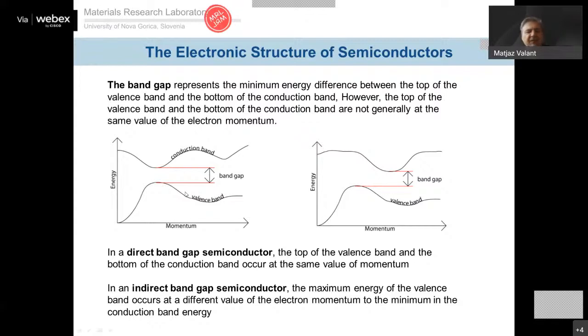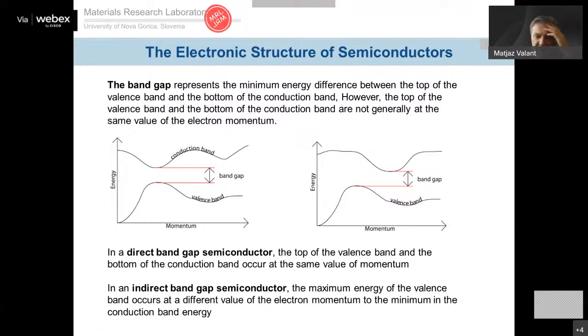Now, physically, what does this mean? It means that when we excite an electron in the case of the direct band gap, we just need an interaction of an electron with a photon, and then we excite the electron from the valence to the conduction band.